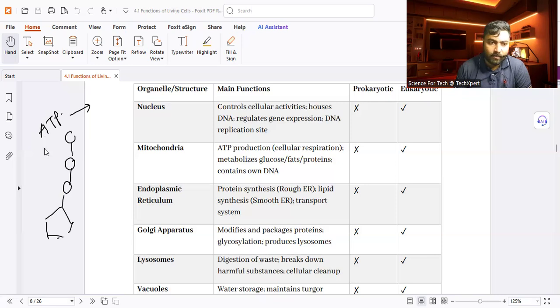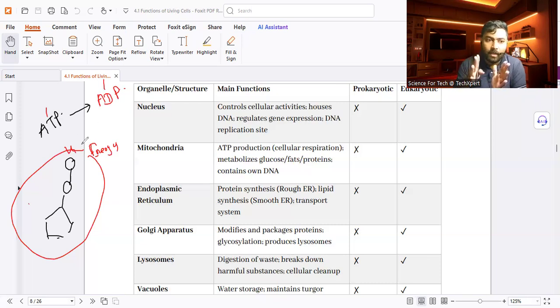So what happens when one of these bonds is broken? Energy is released. When this bond is broken, there are two phosphates now. Then this molecule is known as adenosine diphosphate. This is triphosphate, this is diphosphate.